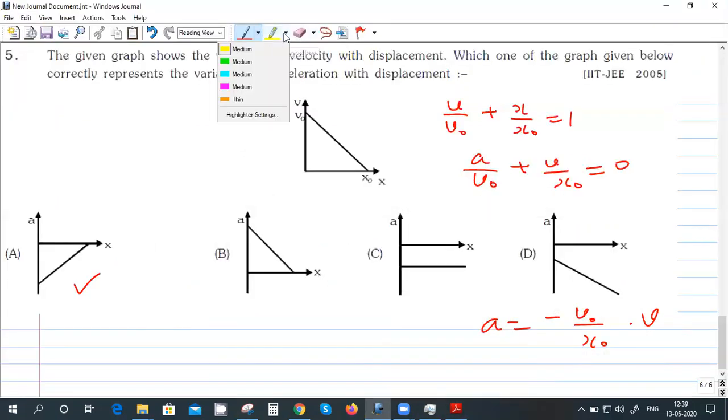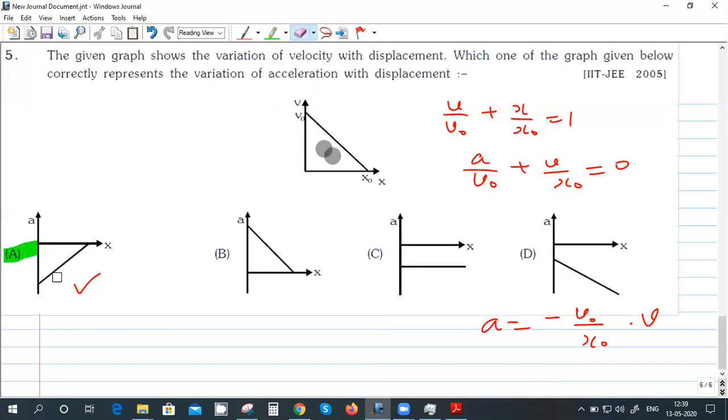Got it? Don't scribble. Are you following my steps? Yes, sir, I understood. Whenever the graph is something like this, try to write the equation.